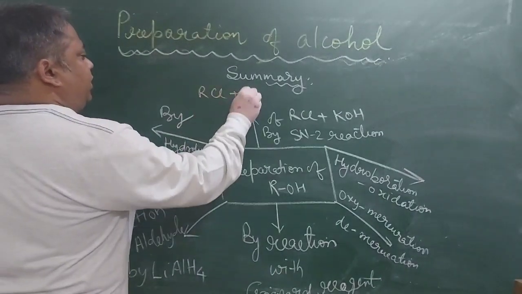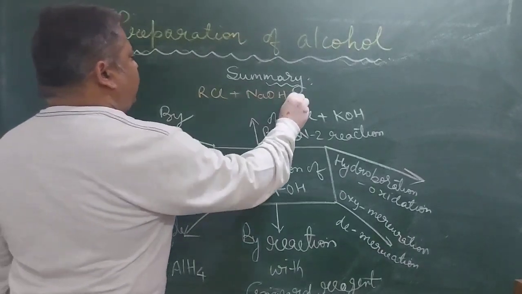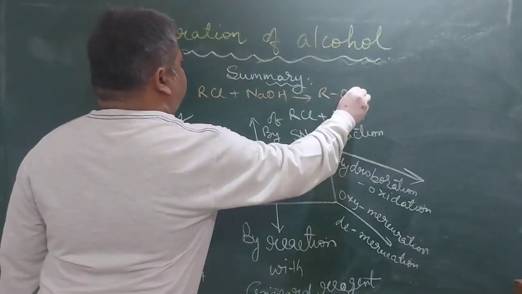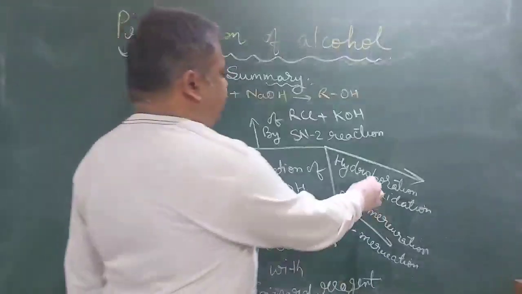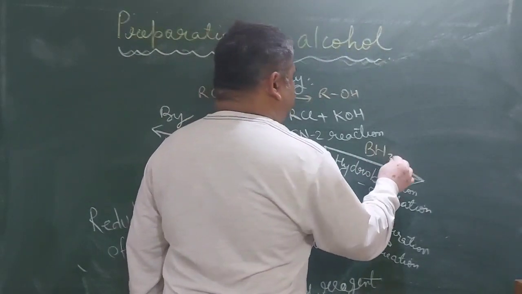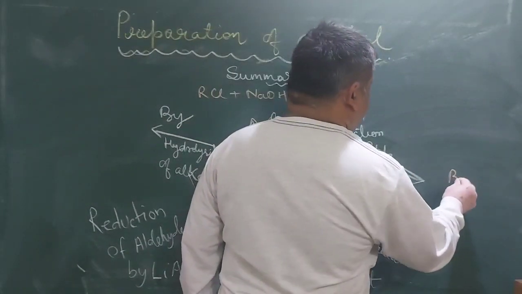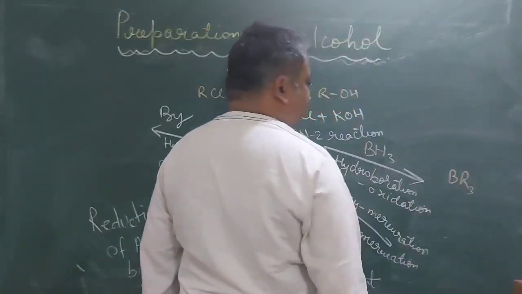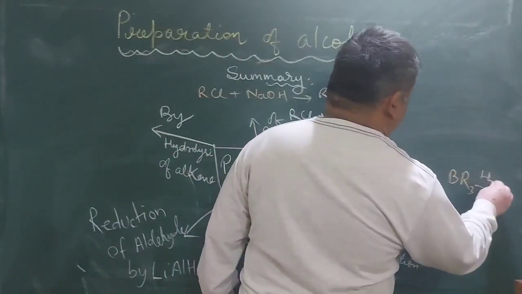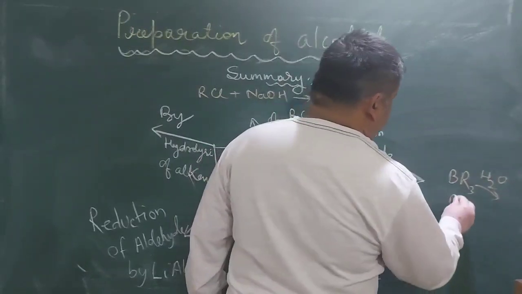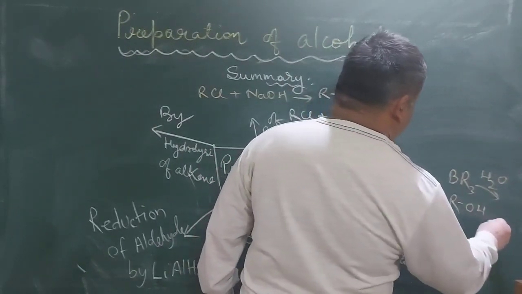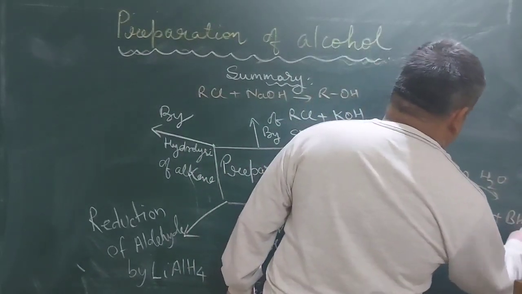Here what did we see? RCl with NaOH or KOH was forming ROH. Here what did we see? With BH3 it was forming BR3, and further with H2O it was forming 3ROH plus BH3 back again.